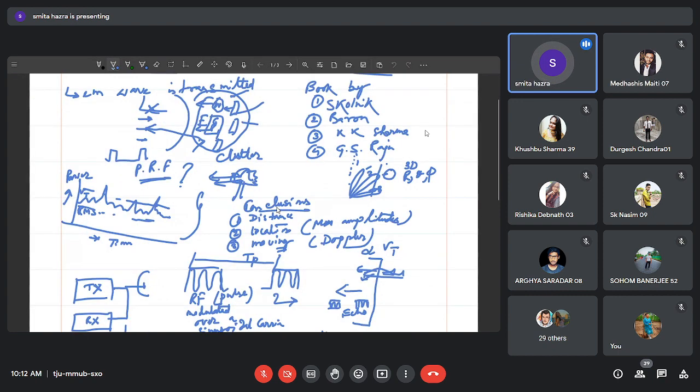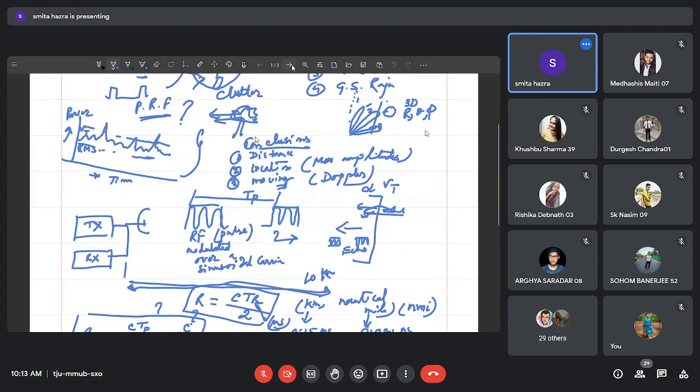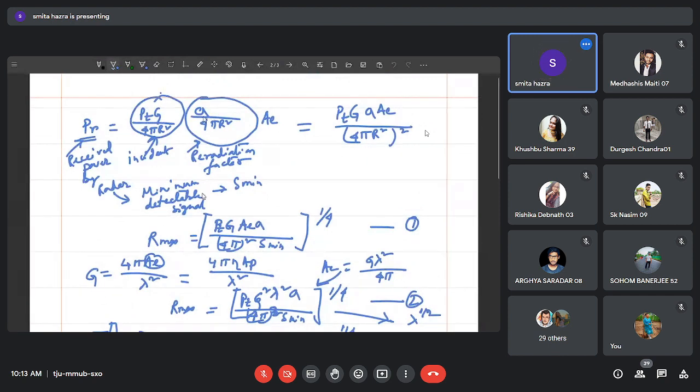We have already seen the existence of the sigma value in these equations. This sigma by 4 pi r square is the re-radiated power. So this sigma is the responsible scattering cross section. That means from where all the echoes are generated, this sigma is actually contributing the sum of all those cross sections.